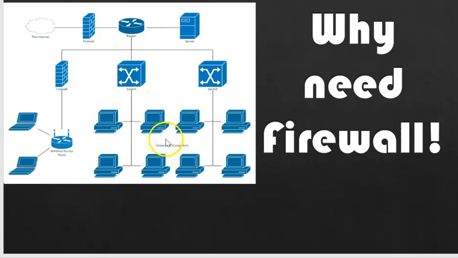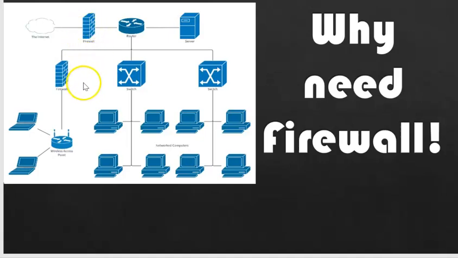For example, here we have a firewall protecting at the perimeter level, where any sort of traffic leaving this whole campus network to the outside world, or anything coming into the campus network, will be filtered and controlled through this firewall.